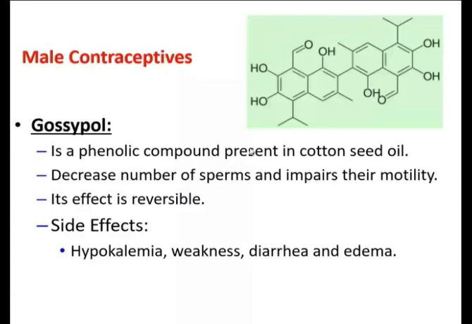It is a natural compound, and it has been found that it decreases the number of sperm and impairs their motility. Its effect is reversible. Side effects are hypokalemia, weakness, and diarrhea. Don't use it like that. It is a contraceptive, but I have shown this just for the purpose of completeness.